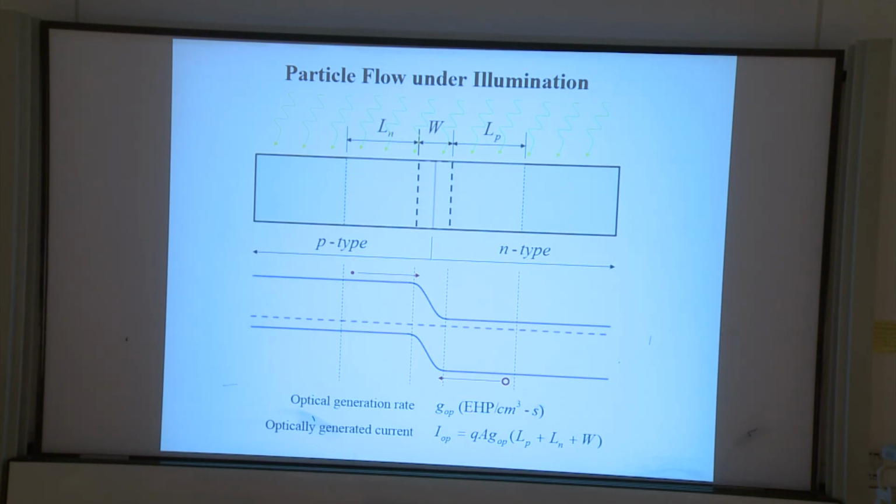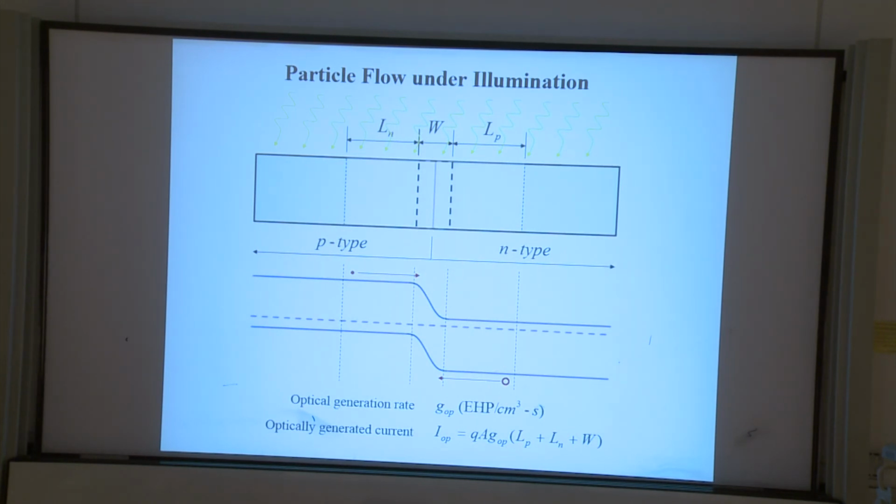So the total electron-hole pairs that may pass the interface should not only account for the depletion width, but also the diffusion length of electrons and holes. Right?